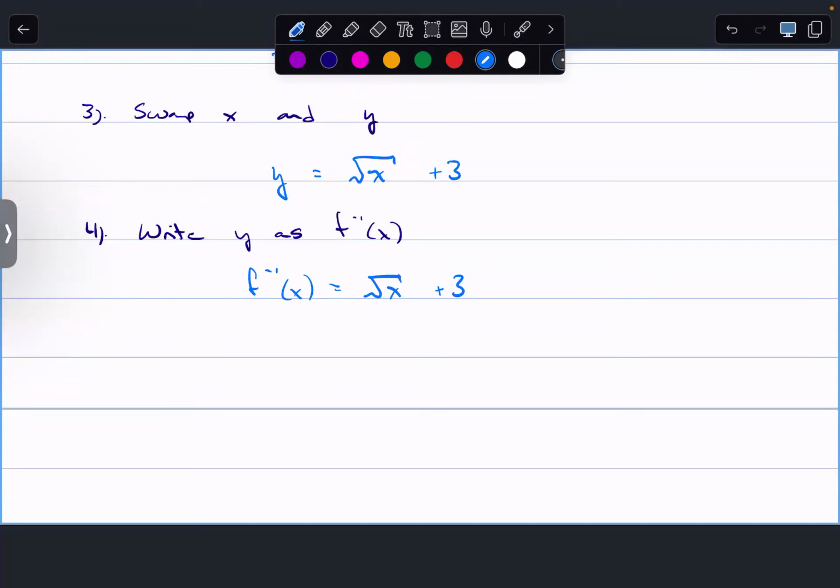We found the inverse on the restricted domain, but I think you know what's coming next. We're going to check our work using function compositions, right?